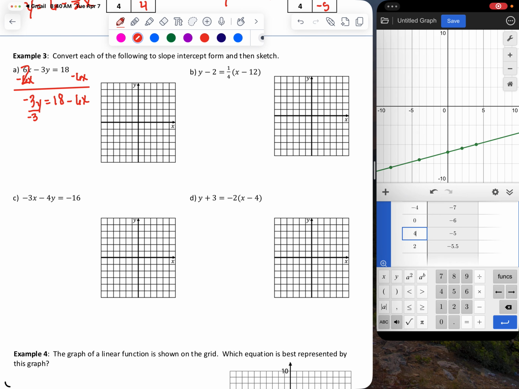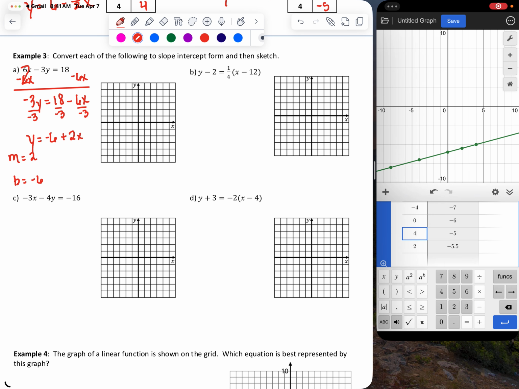So everything is going to get divided by negative 3. So 18 divided by negative 3 is negative 6. And then negative 6 divided by negative 3, positive 2x. So now I know my m is 2 and my b is negative 6.